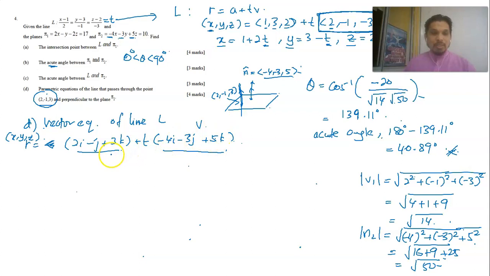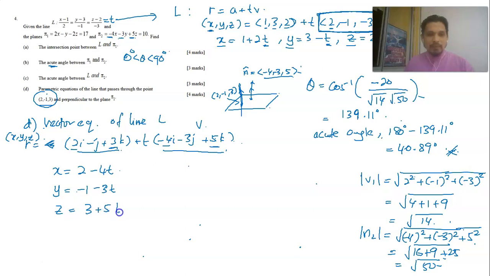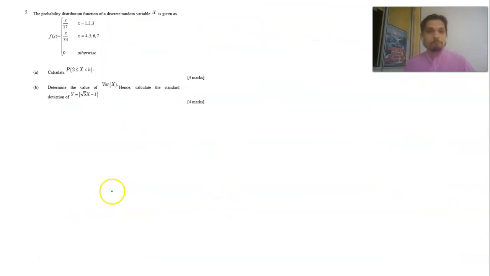So in parametric equation, x equals 2 minus 4t, y equals -1 minus 3t, and z equals 3 plus 5t. Get it? Okay.